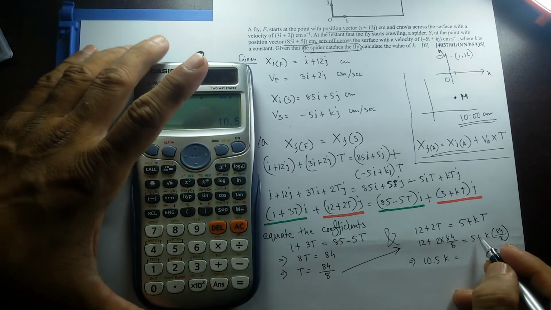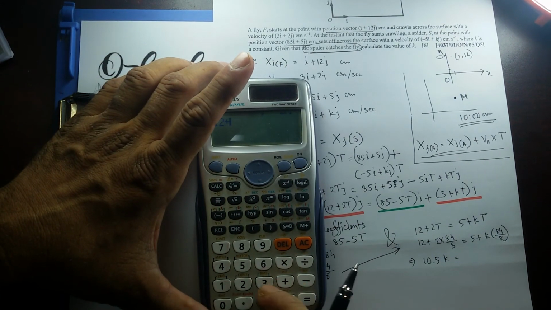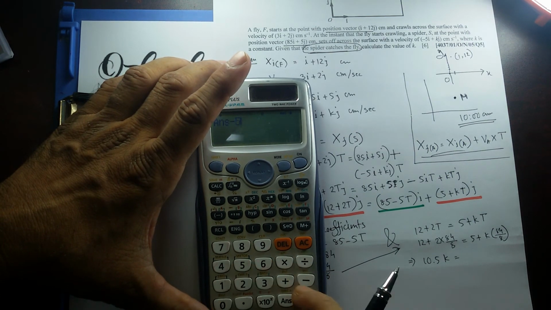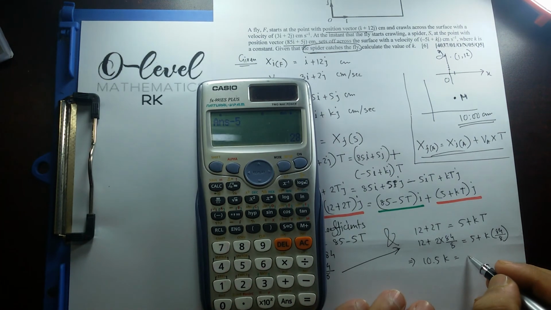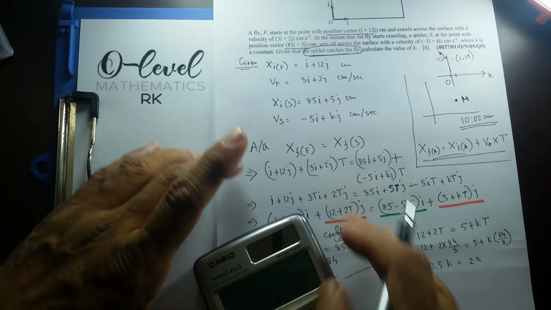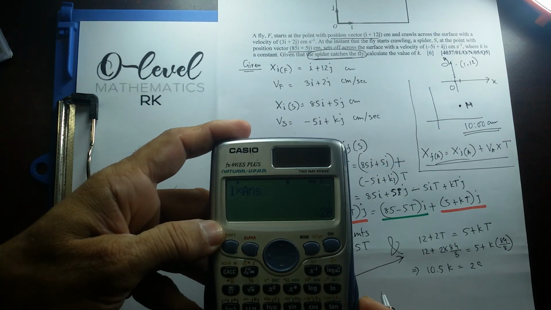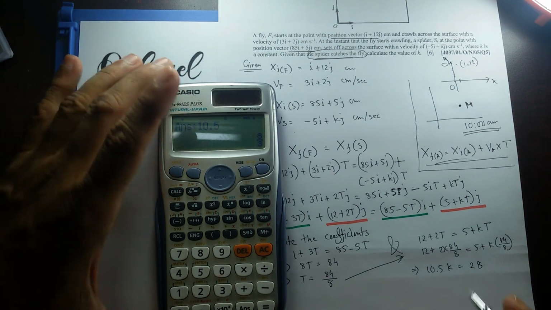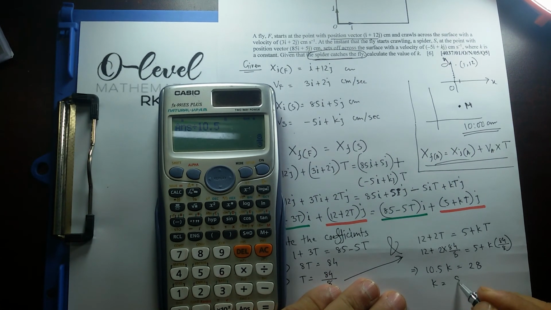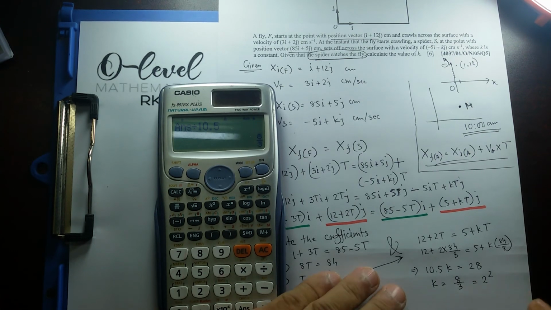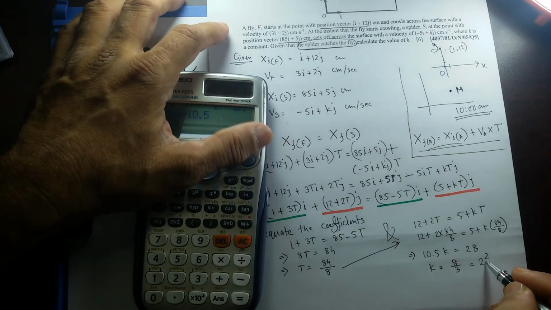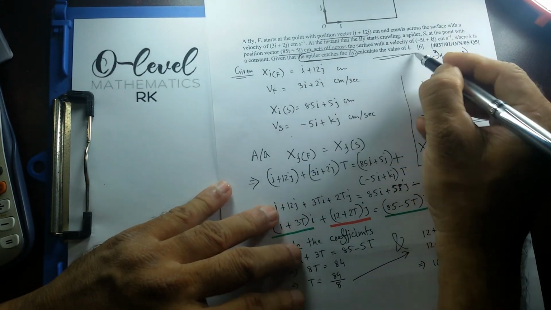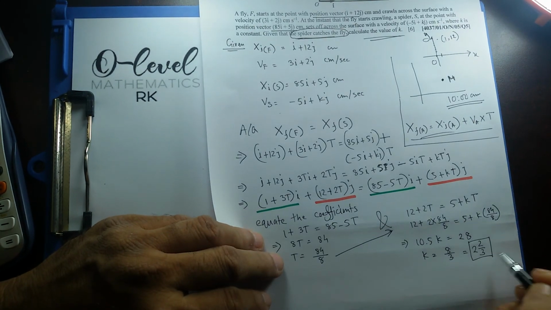If I bring this over, 12 plus 2 times 84 divided by 8 minus 5 gives 28, so 28 divided by 10.5. So k equals 8 by 3, or rather 8 by 3 is not right, it's 2 by 3. That's the value of k. They're asking to find the value of k, so this is the value of k. That's my answer.